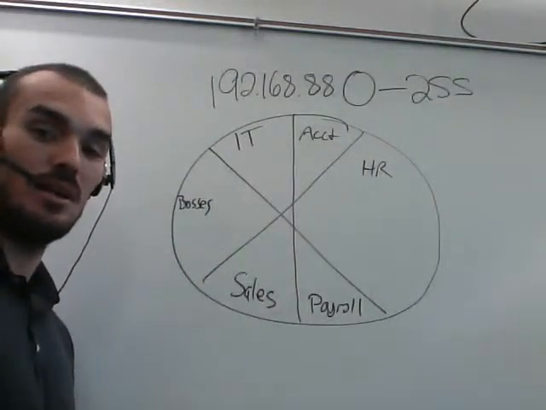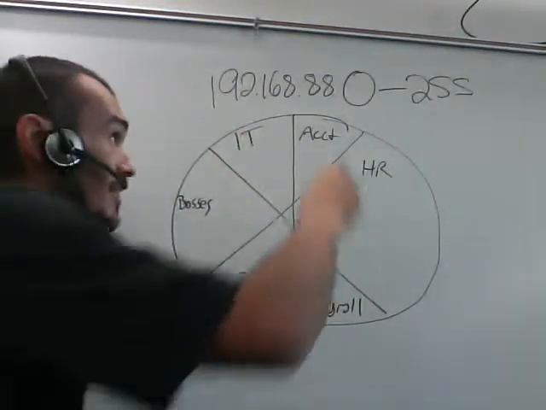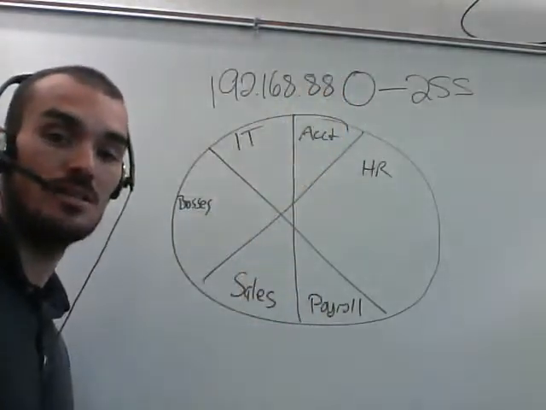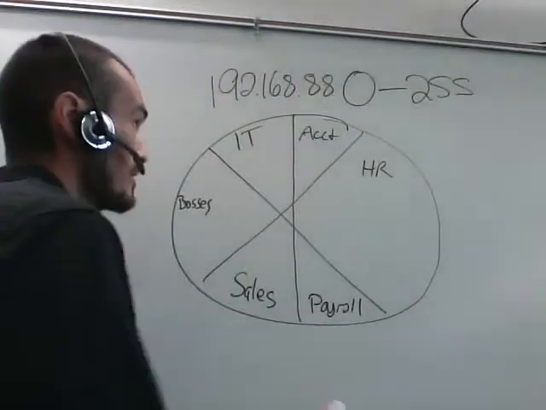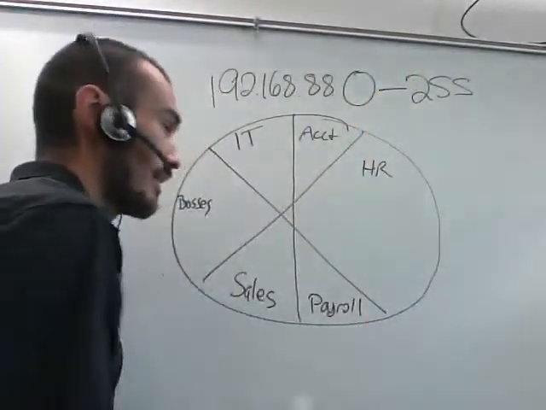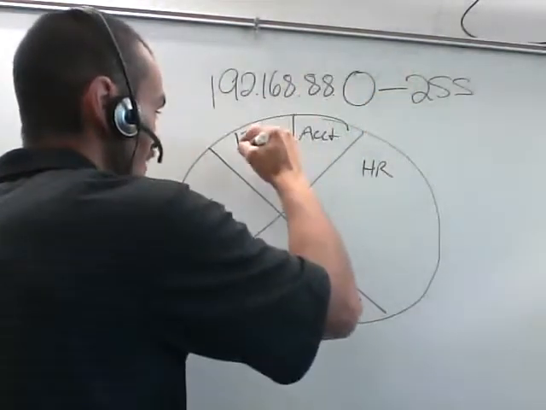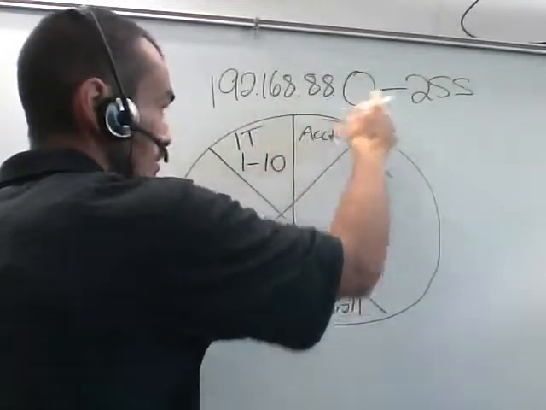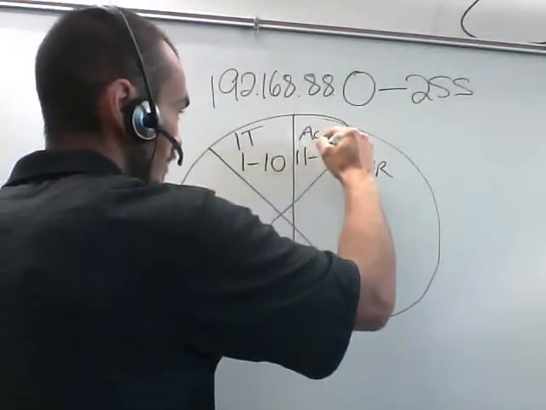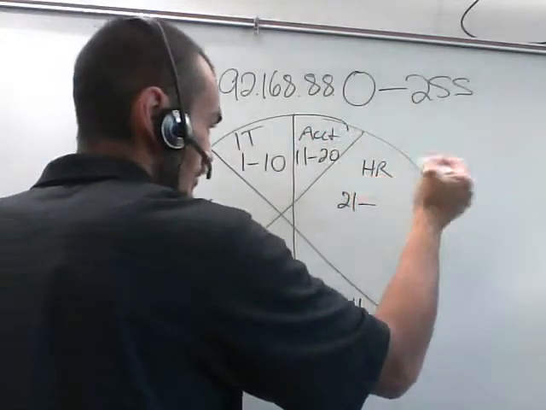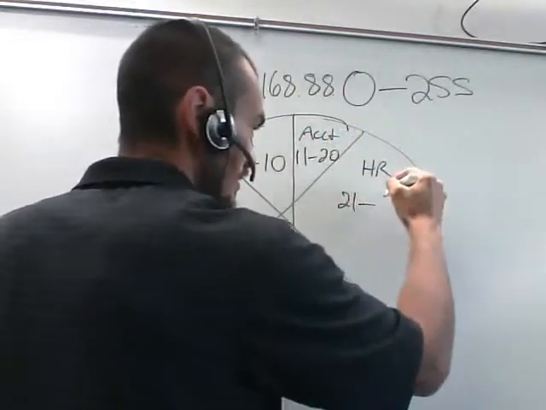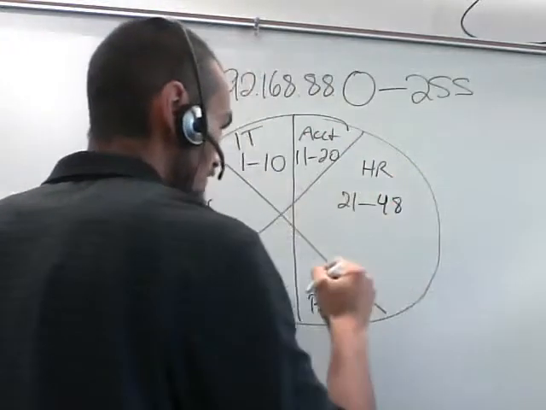I could go in there and subnet this group of addresses according to the departments I have within my organization. So I could essentially do something like this. I can say, IT, you guys have 1 through 10. You guys have 11 through 20. You guys have 21 to, let's say, they got a bigger slice, so let's say 21 to 48.